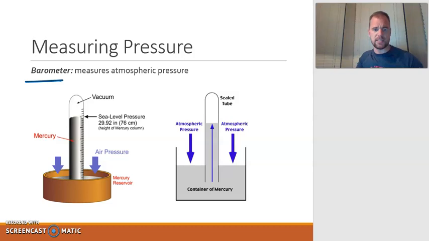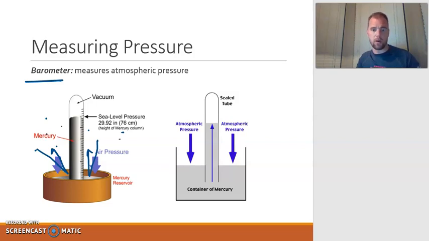And essentially what they did is they said, okay, well, if the atmospheric pressure was high, that would mean that the particles in the atmosphere around would be moving. There would be a lot of them, and they'd be moving around, and they would make collisions with the surface of the liquid and then bounce off. So this particle would come and bounce off, and so on and so forth.